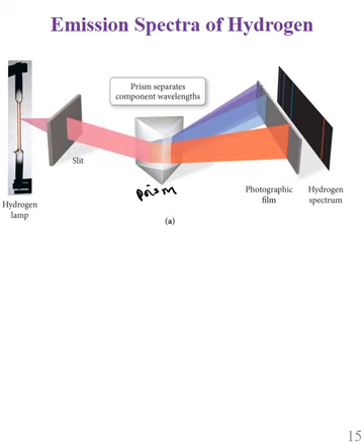The prism allows us to separate the different colors of light. So it separates the component wavelengths, and we would see that it separates them into different colors. Now we can have this photographic film, as it's called, and it can pick up just the certain wavelengths that are produced.